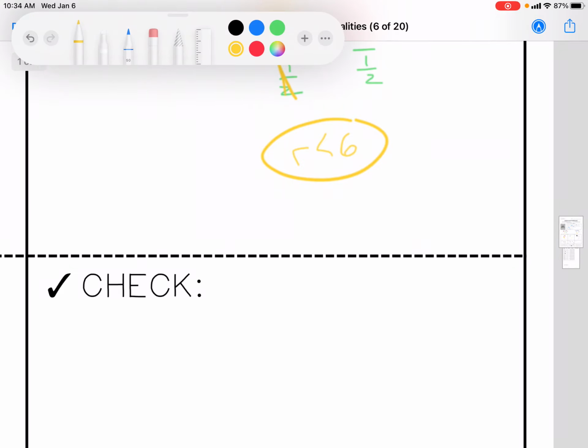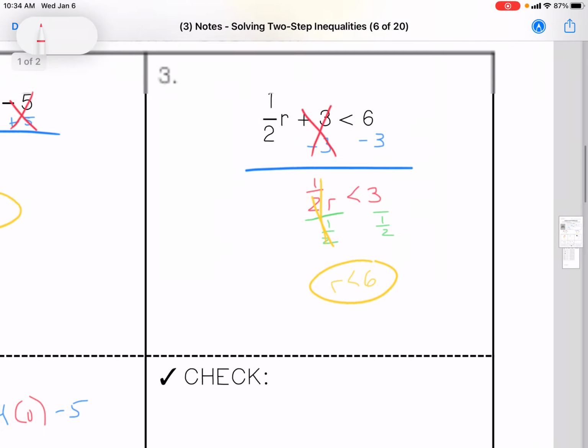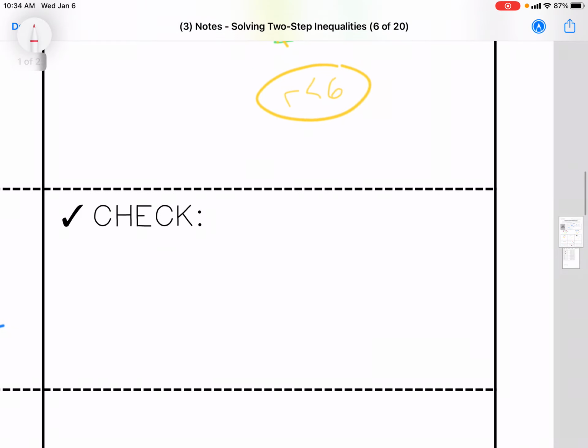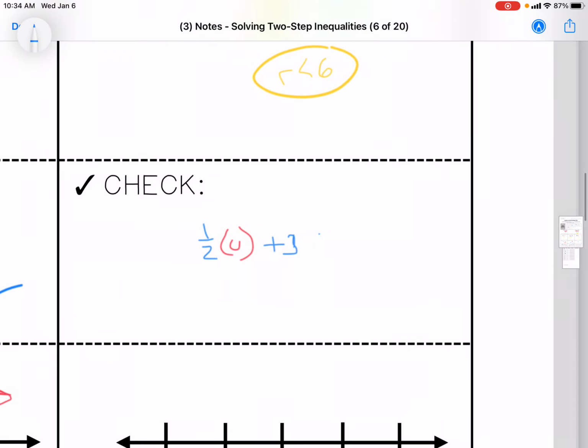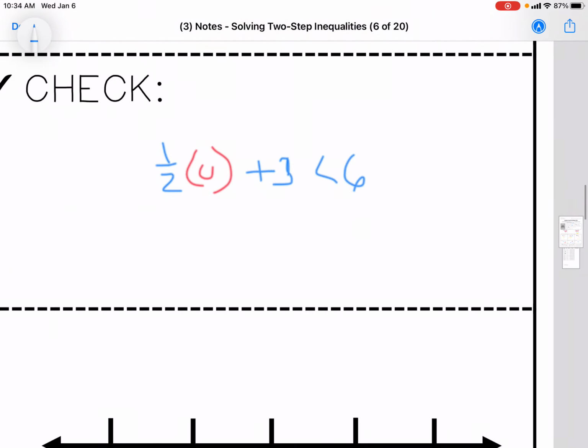So guess what number I'm going to pick to put in there? You're right, 0. One half times 0 plus 3, is that less than 6? 0 plus 3 is 3, less than 6.